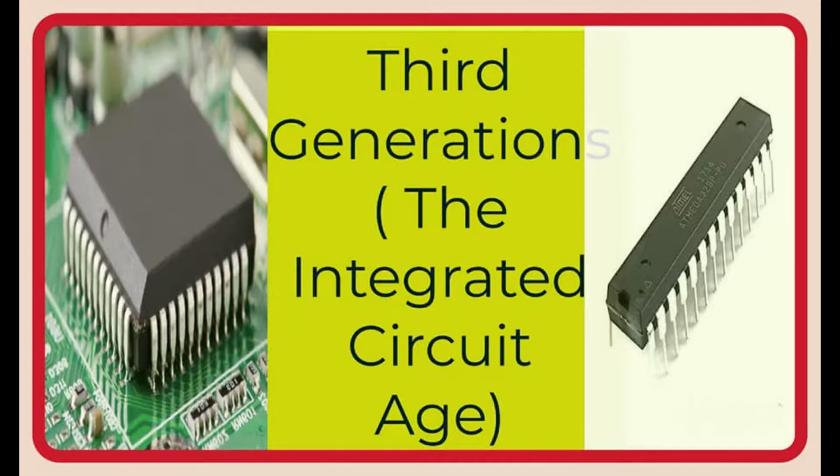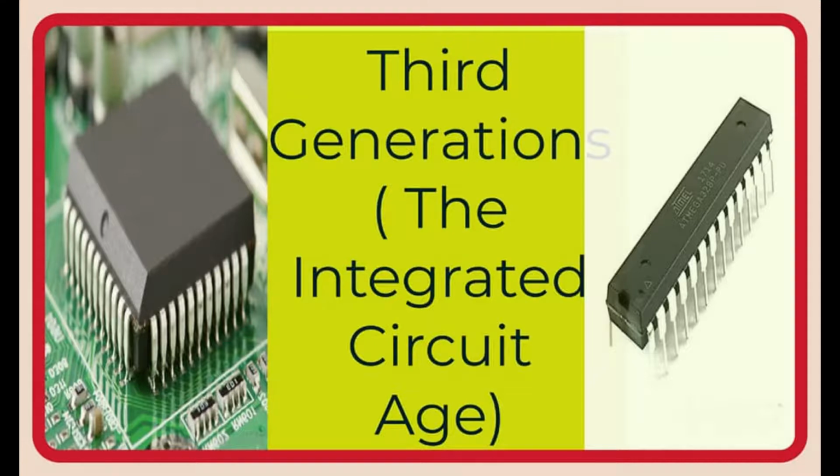Third generation, the integrated circuit age. The development of the integrated circuit signaled the beginning of the third generation of computers, which were developed during 1965 to 1974. An integrated circuit, also called a microchip, is a small electronic device made of a semiconductor material.